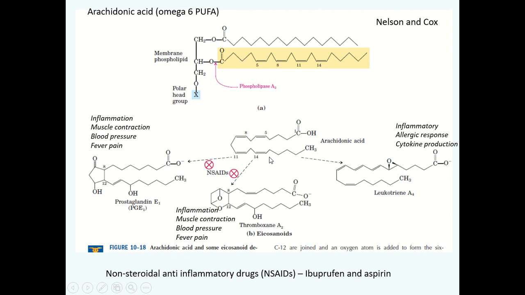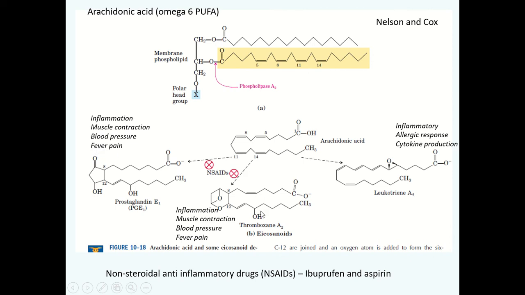Arachidonic acid is later converted through enzymatic reactions into several different types of products. For example, there is a group of products called prostaglandins. Prostaglandins are important for regulating inflammatory response. They're important for controlling muscle contraction in different parts of the body. They regulate blood pressure. They also are important for regulating fever and pain.